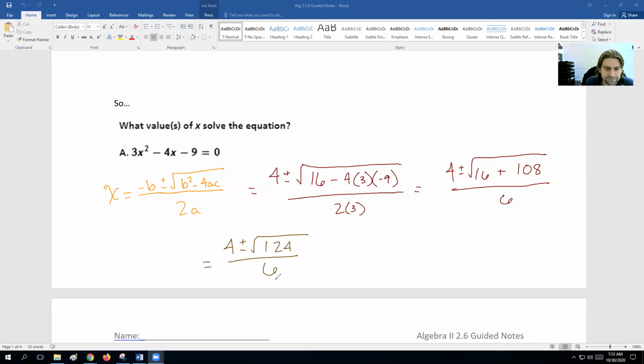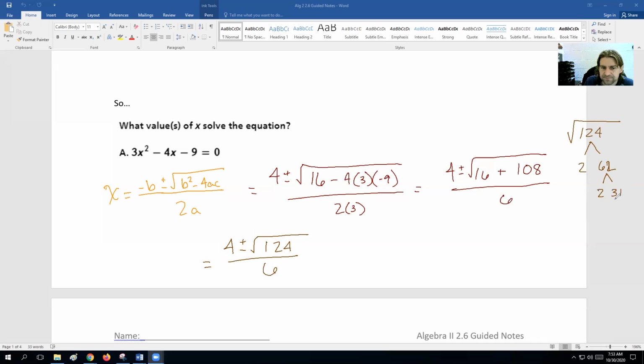over 6. Okay. Now what we can do here, square root of 124, we've got to break that down. So off to the side here, 124, that is 2 and 61. Is that really it? Does 61 break down at all? No, it's not 2 and 61. It's 2 and 62. I knew I could divide that by 4.